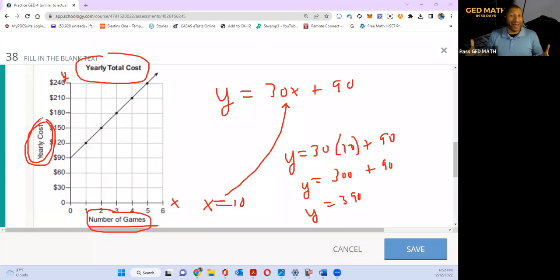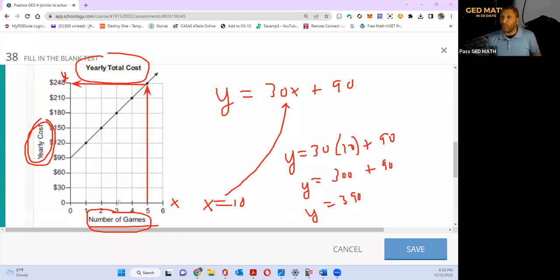If you notice, the reason why I did that is the graph only shows up to 6 games. So you can't tell by this graph. If it said 5 games, all I'm doing is going up to X, then over to Y, 240.